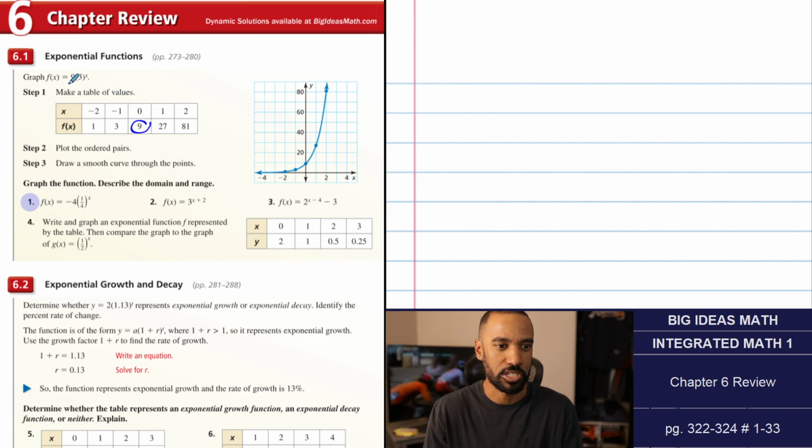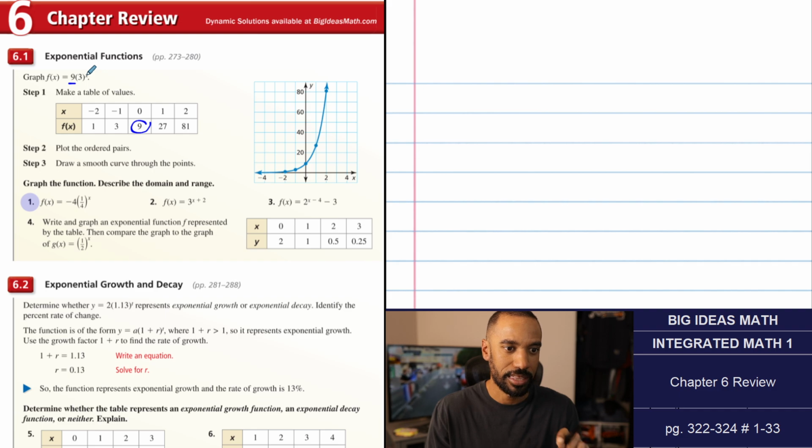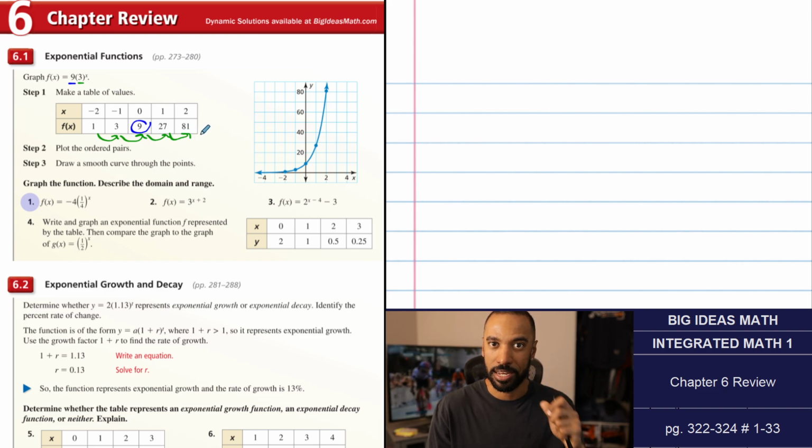It's the value of y when x equals 0. And that's not always the case if there are certain shifts, but 9 is very important with respect to when the exponent is 0, and that's when x is 0 in this case. The 3 is your growth factor. The 3 signifies what you're multiplying by each time that you increase x by 1 here, so times 3, etc. And that's really what I'm going to be working off of here, minus some translations.